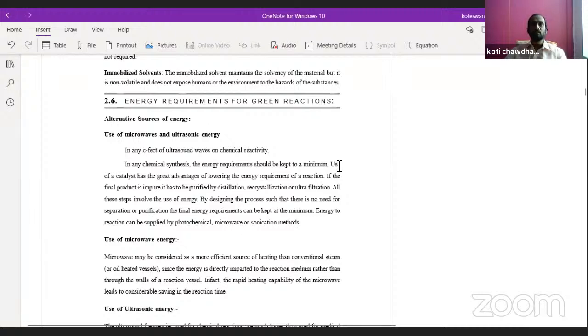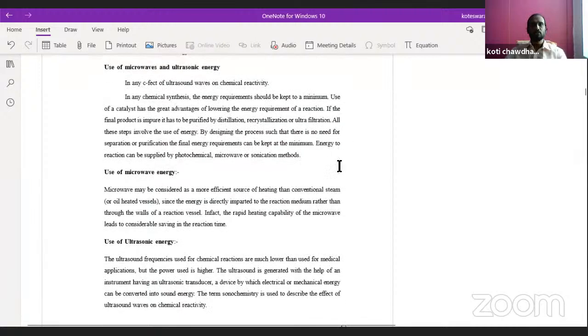Next, energy required for the green synthesis. We use three kinds. Conventionally, we use heating and irradiation of light. Irradiation of light is also a green process, but whenever we heat, sometimes the reaction requires high temperatures, above 250 or above 180 degrees.